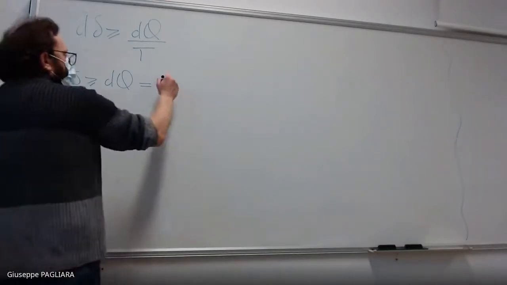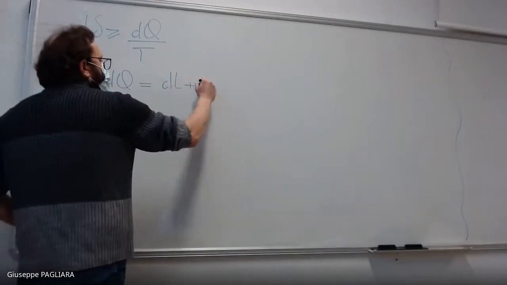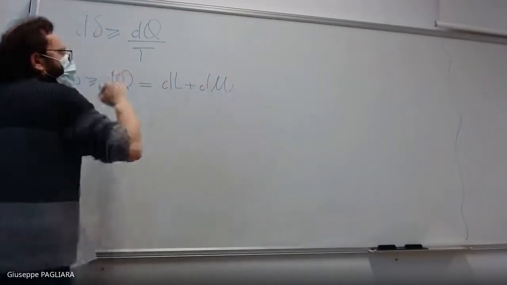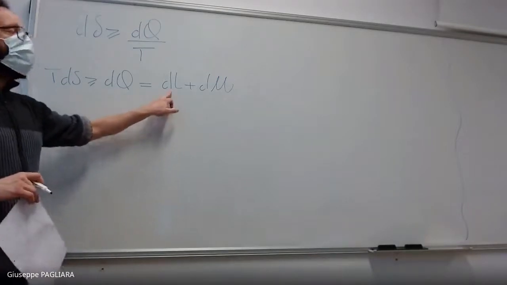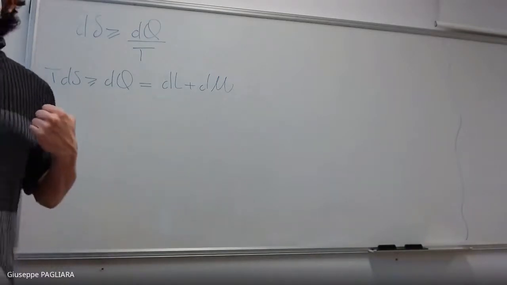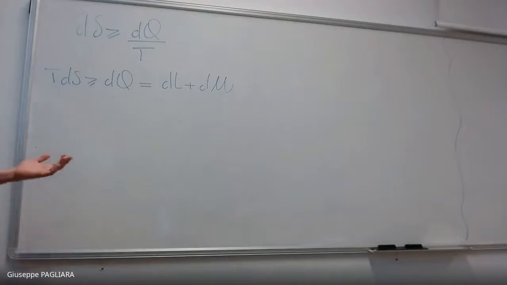dQ is dL plus dU, where dL is the infinitesimal change of work. Now, the difference between dL and PdV is the difference between reversible and irreversible transformation.